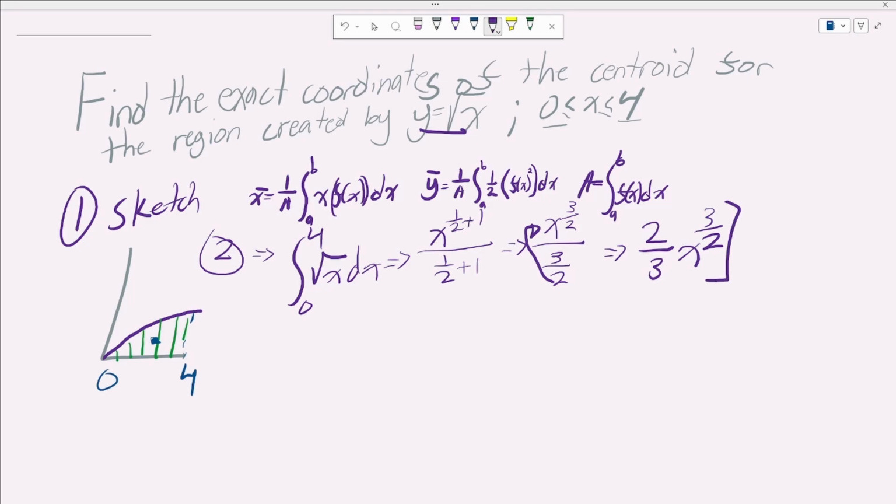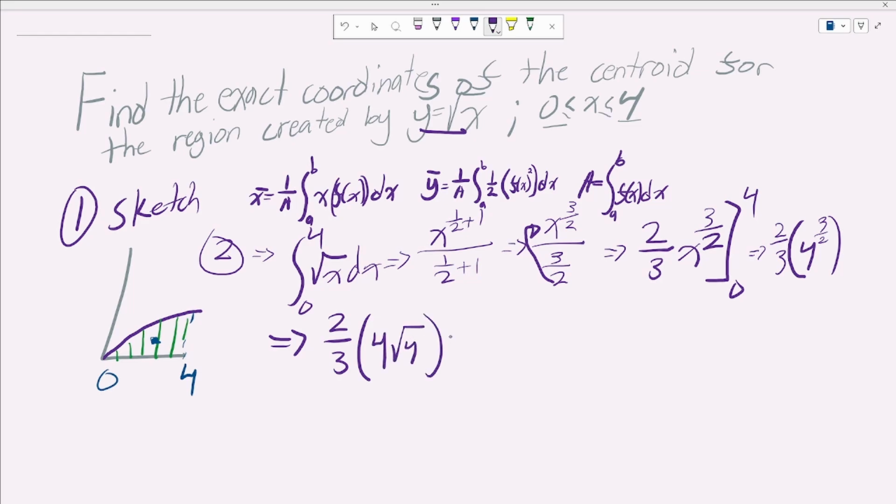If we evaluate this going from 0 to 4, we'll have 2/3 times x, which will just go from 4, and that is to the 3/2 power. Now if we just write 2/3, we can interpret this 4 to the 3/2 power as 4 times square root of 4.